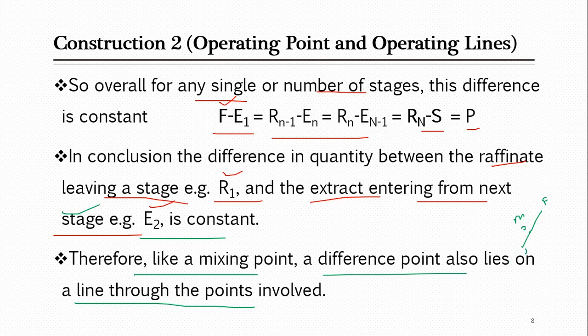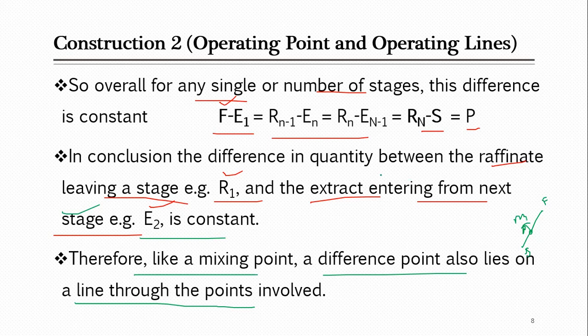This is my M point, lying on the solvent and feed line. Similarly, P will also lie, not necessarily in the middle, it can lie on either end, but you can see that feed, solvent and M all lie on the same line.